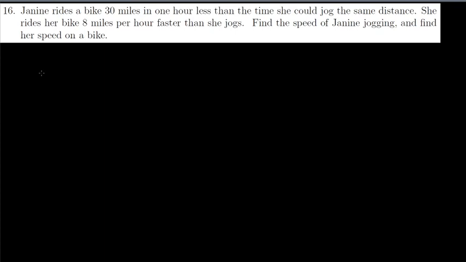All right, so let's give these names. Let B be the speed on bike, and let J, for jogging, not for Janine, because there's only one person here, be the speed for jogging.